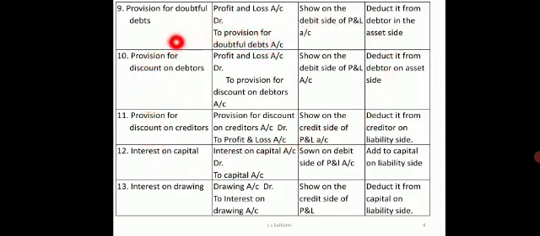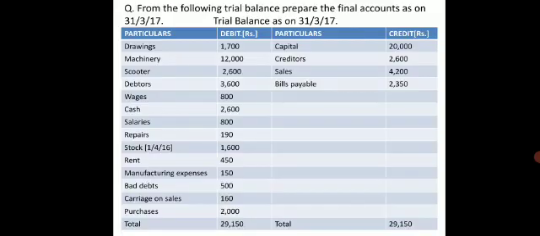Now these adjustments will appear twice because it is a double entry system. So we'll see one problem, how it is prepared with the adjustments. From the following trial balance, prepare financial accounts.